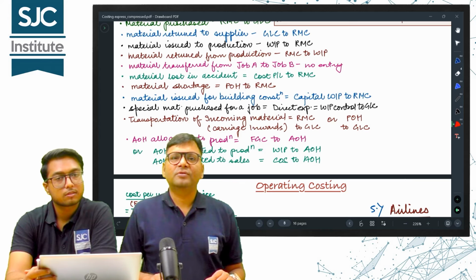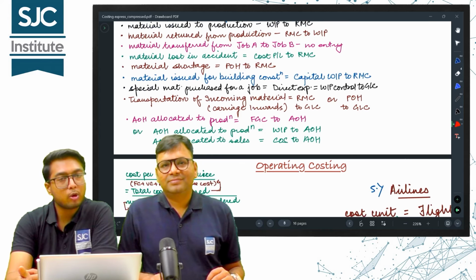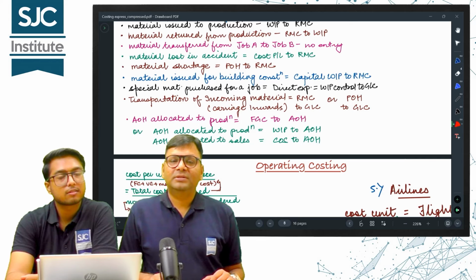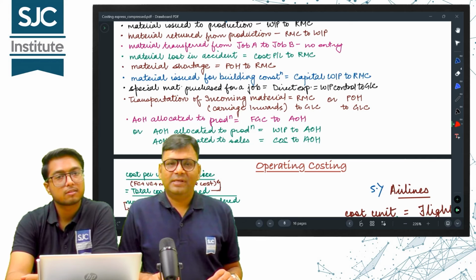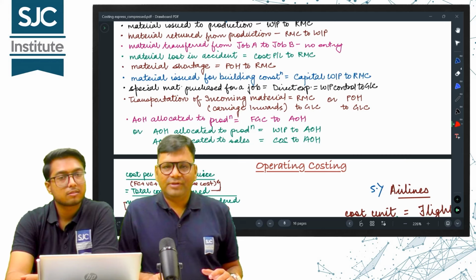So the entry would be finished goods control to admin overhead. What if admin overhead is allocated to both production as well as sales? In this case, allocation to production implies WIP to admin overhead, and allocation to sales means cost of sales to admin overhead.